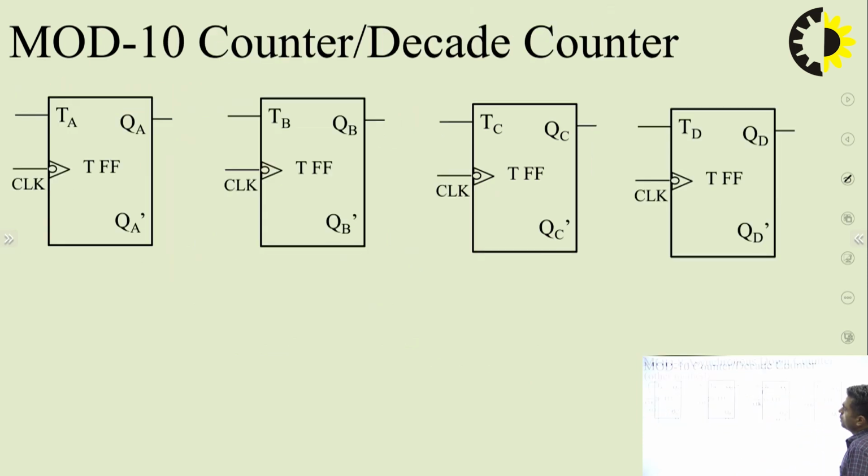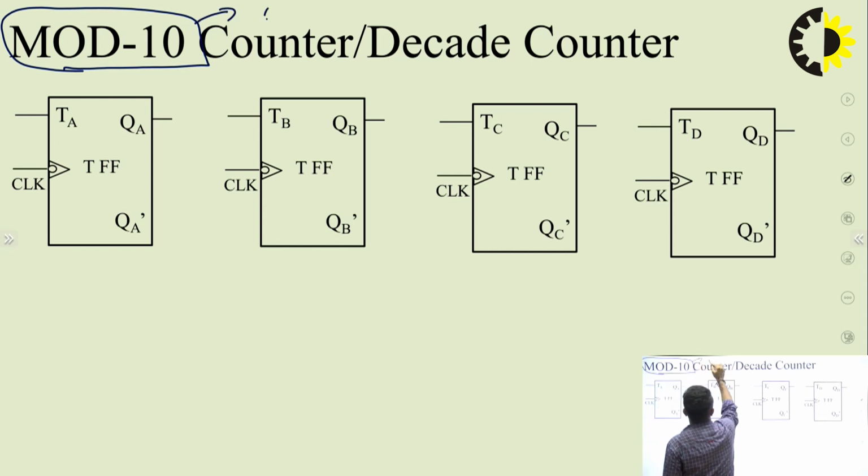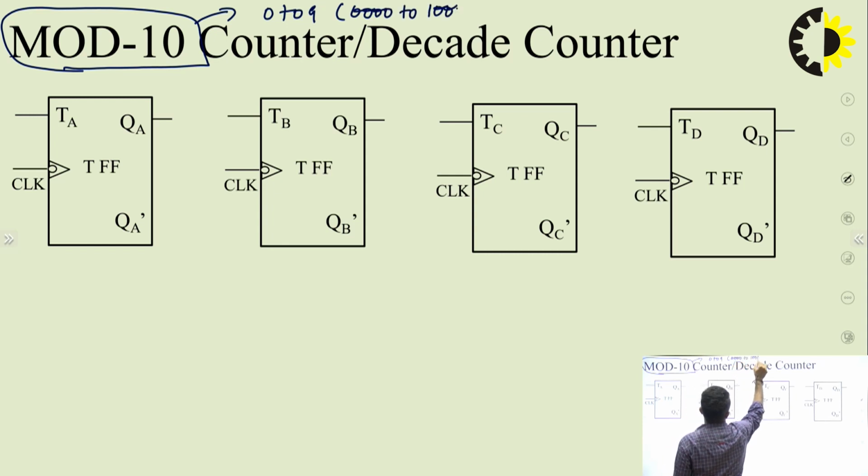Okay. Now proceeding to mode 10 counter or a decade counter. Now there is a slight difference here. Mode 10 means 0 to 9. That means 0, 0, 0, 0 to 1, 0, 0, 1.